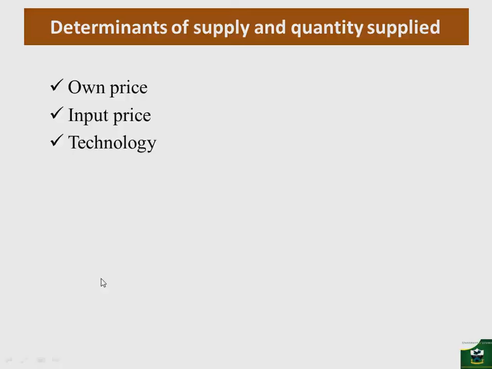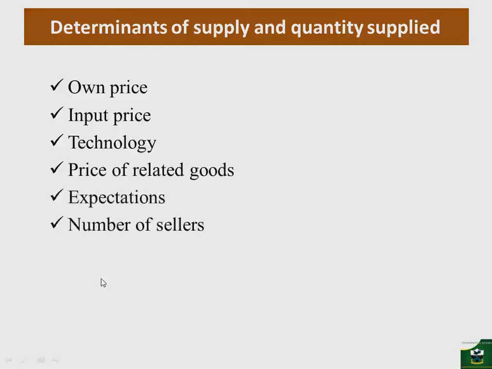Okay, so price of related goods will also affect the supply. We also have expectations, the number of sellers on the market, and finally the taxes and the subsidies. It should be noted that these are not the only factors that affect supply. There are many factors that you can explore.